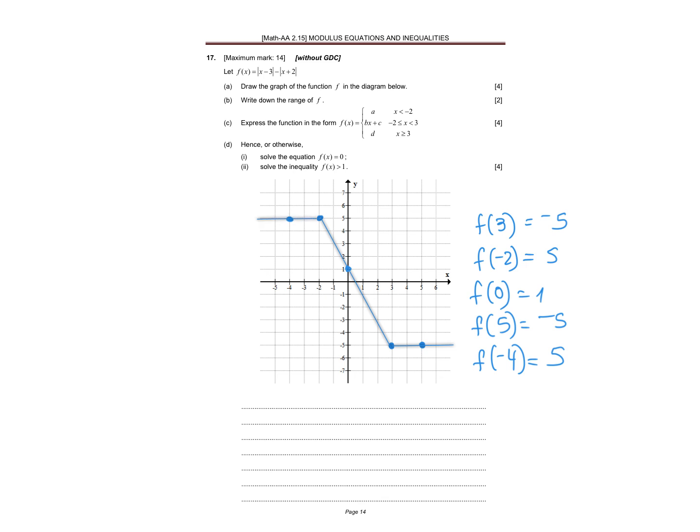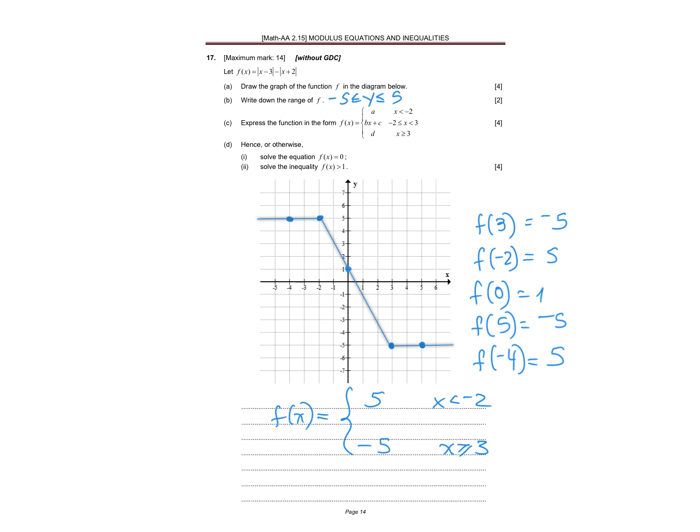So write down the range. Well, it's in between -5 and 5. So express the function in this form. So we're going to have f at x, and before -2, it's equal to positive 5. After 3, it's equal to -5.